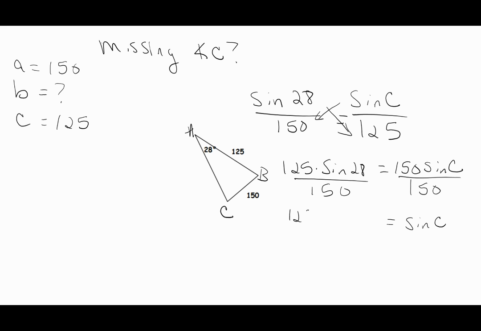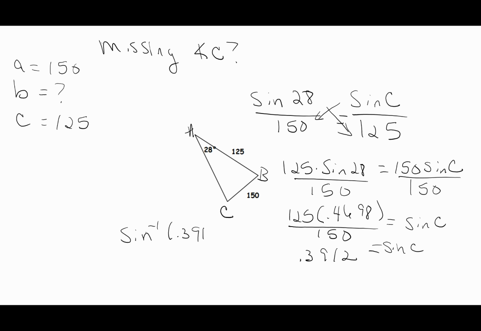So 125 times 0.4698 divided by 150. We take that number times 125 and divide by 150. We are given that the sine of C is equal to 0.3912. So we can do the inverse sine of 0.3912 is equal to the angle measure C.